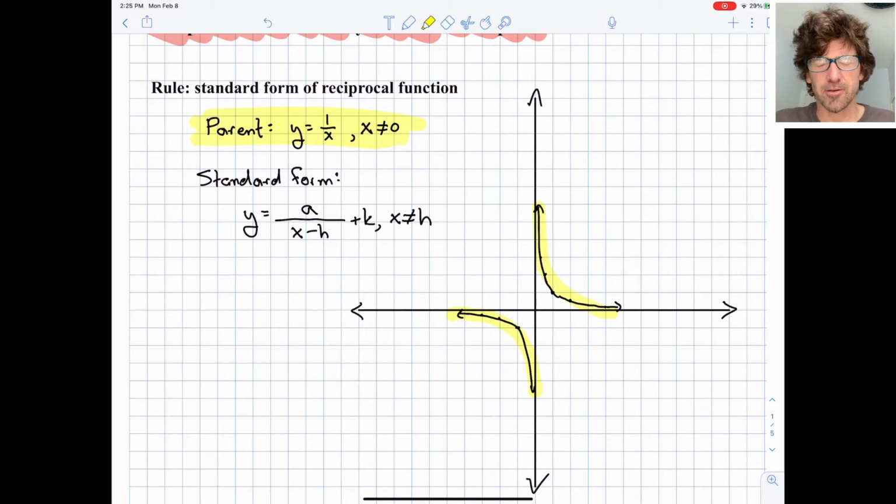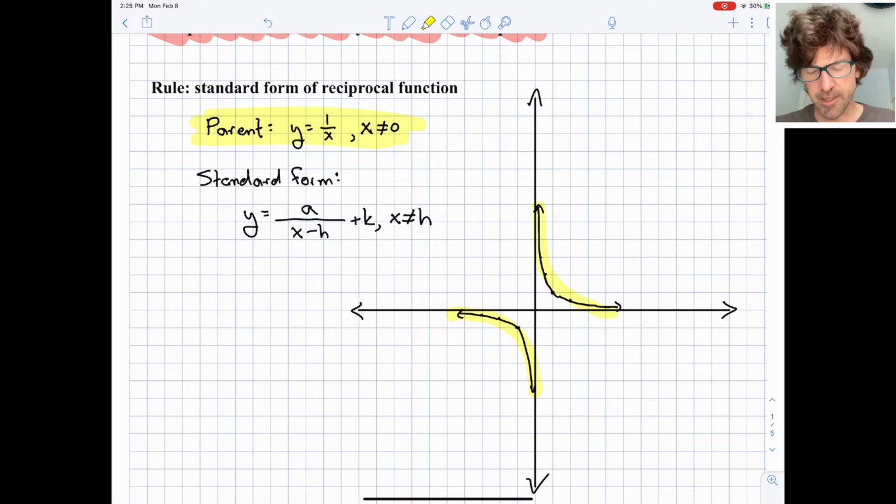You can think of the two arms as having a gap essentially between them at x equals 0. Okay, so they do not connect. So they are non-continuous. Both x and y axes are asymptotes here, and again, our curves will get closer and closer to those axes, but never touch.